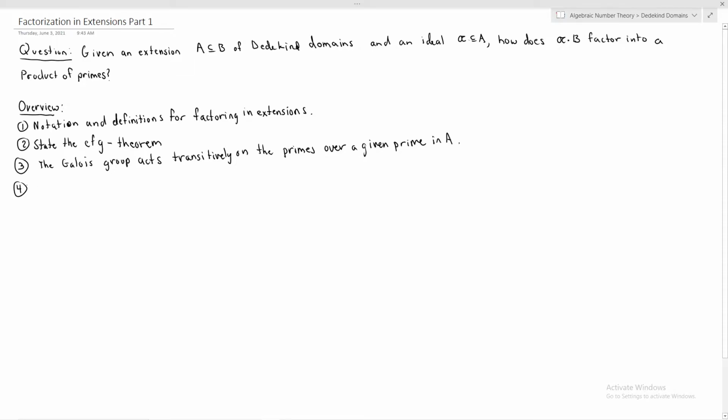And then the last thing is we'll prove another lemma, which allows us to compute some relevant numbers in a useful way. Yeah, that was a really vague statement.